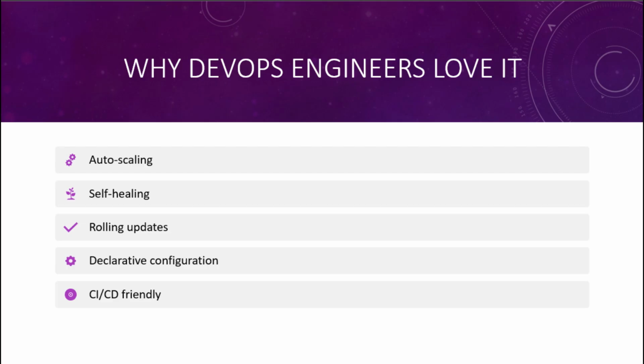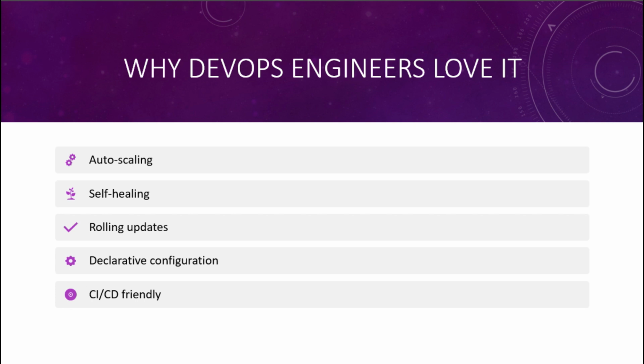Key features and why DevOps engineers love it. Kubernetes isn't just a buzzword. It's packed with powerful features that make DevOps life easier. Let's see. Auto-scaling: Kubernetes adjusts resources based on demand. Self-healing: crashed containers are restarted automatically.